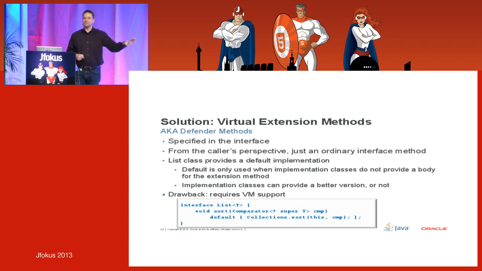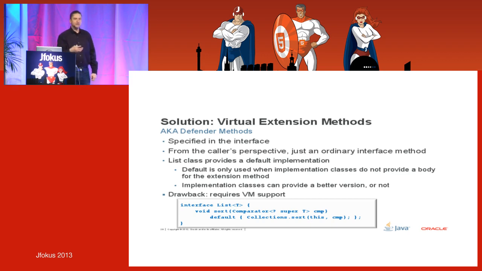But if somebody's already created a class which implements the collections interface and doesn't have the filter or the map method, then what do we do? Well, in the collection API we will provide a default implementation, something that will fill in the blank if it's not available.